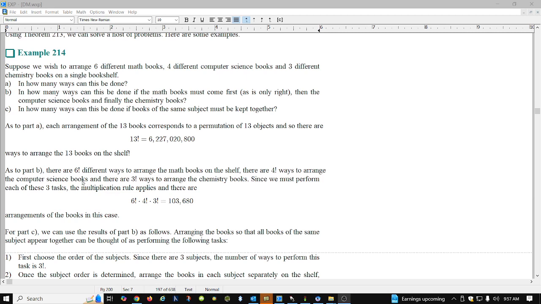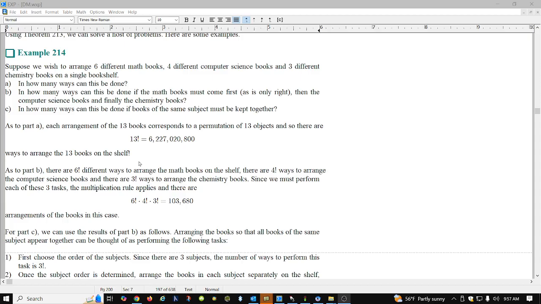As to part B, now we want the math books to come first, then the computer science books, and finally the chemistry books. Well, there are 6 factorial ways to arrange the math books on the bookshelf, because there are 6 math books.